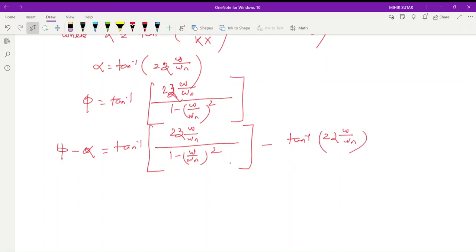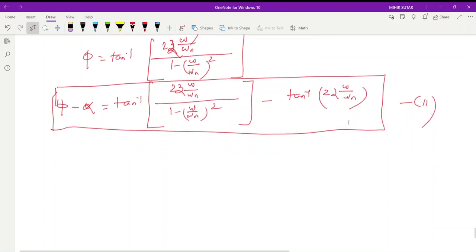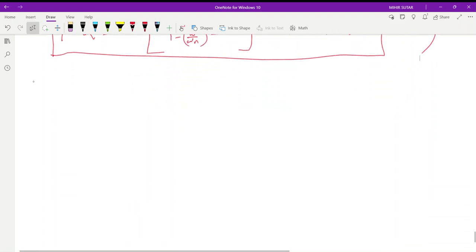This is for alpha. This is the total phase angle difference between the force impressed and the force transmitted. Okay. Now coming to the motion transmissibility.